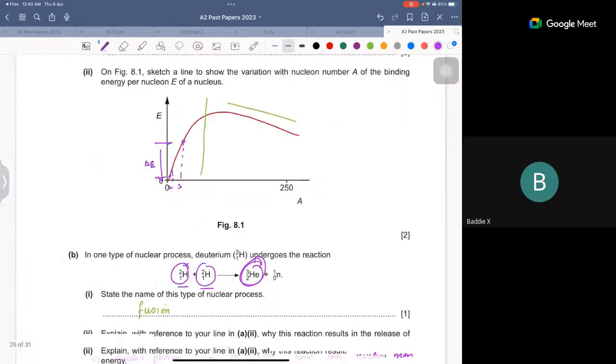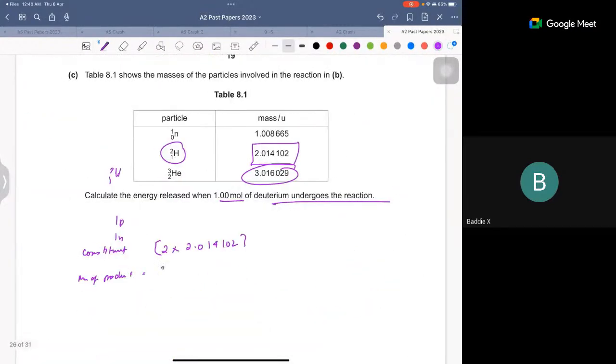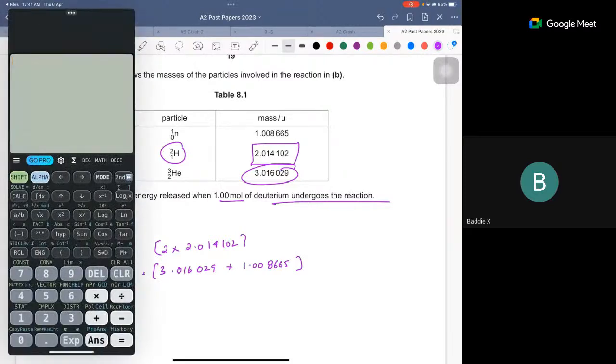And what else is released with this? 1 neutron, so we're going to add that. 3.016029 plus 1.008665. And the difference in mass when we subtract this. So 4.028204.